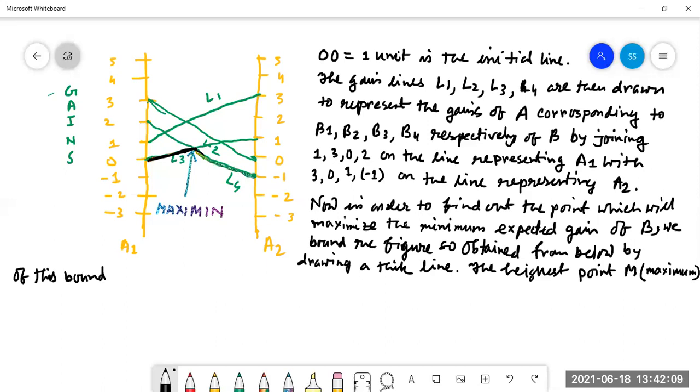So we can write down this is the capital M. Capital M refers to the maximum of the minimum gains. Maximum of the minimum gain.